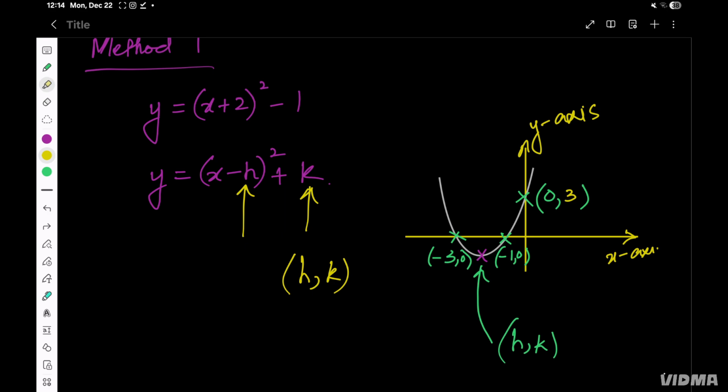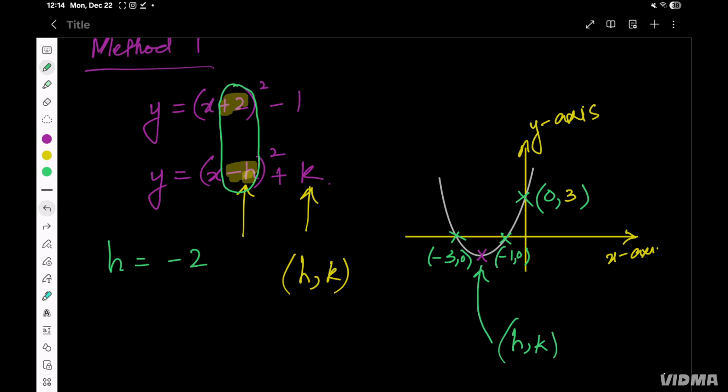Now let's find the value of h. Look at plus 2 and minus h. If the signs are different, then h must be a negative number. So h would be equal to minus 2. You can see the signs are different here. We have a positive sign with 2 and a negative sign with h. Then you have to write a negative value of h if the signs are different. Now let's compare the k.